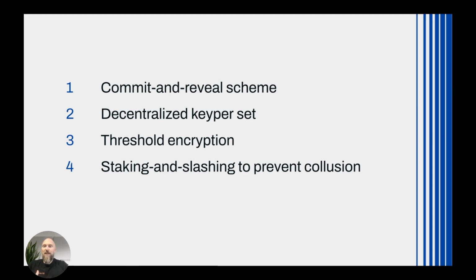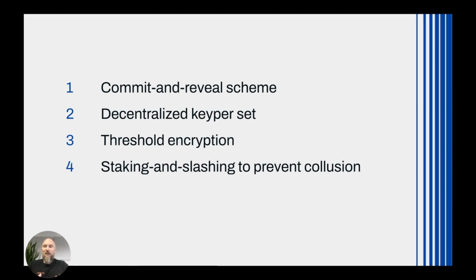And specifically, we use a form of multi-party computation called threshold encryption. So we assume that there is an honest majority within this decentralized keeper set because we need X of n keepers in order to collaborate or collude to generate a decryption key.